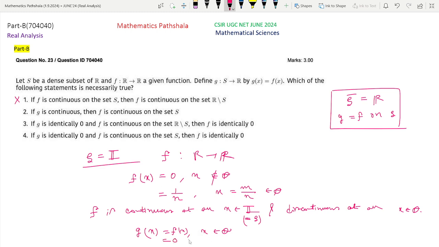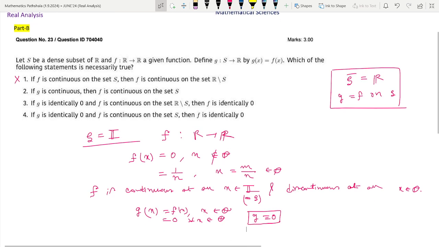So we have G(x) equal to 0 for all x belongs to Q. So here G is identically 0, and also F is continuous on the set S as F is continuous on I. So also for option 4 the given hypotheses are satisfied, that is G is identically 0 and F is continuous on S. Now see, it says that then F is identically 0, but here F is not identically 0. So option 4 is also not the correct option.